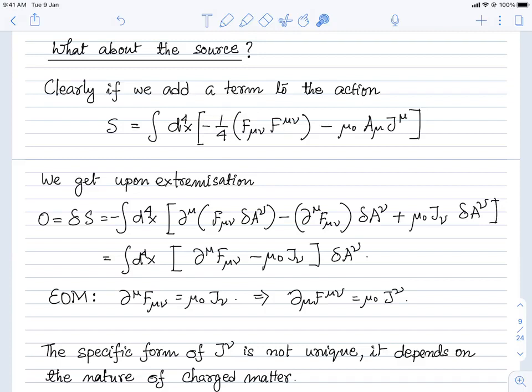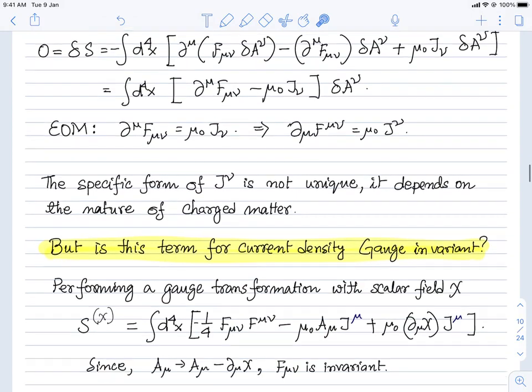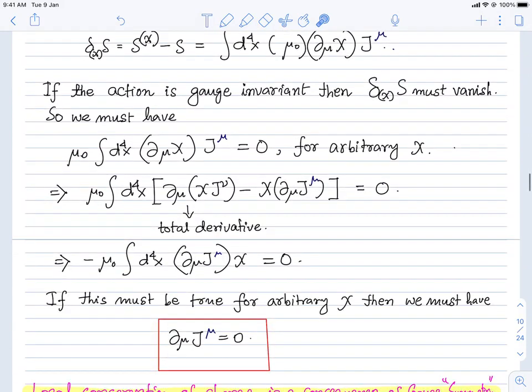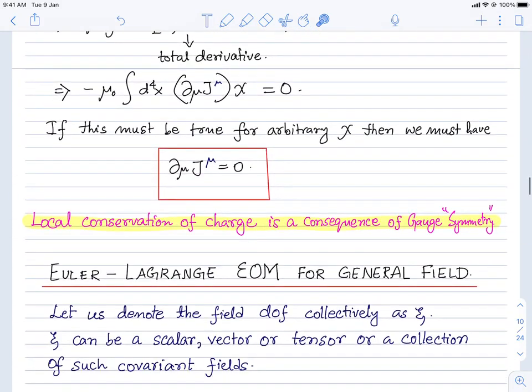I'm saying things which are even a little bit inaccurate, but they can be made much more precise. But that symmetry gives us the conservation of charge. Very good.